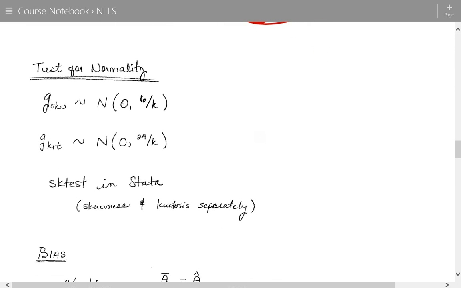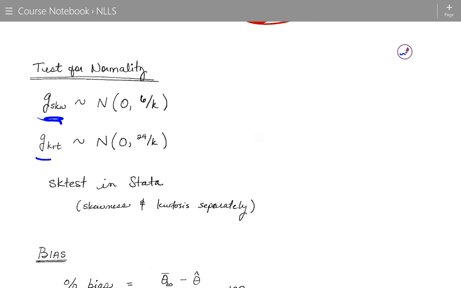It's quitting on me. Now, with these in hand, you can actually test for normality by testing whether the skewness is appropriate for the normal, which would be 0, and whether kurtosis is appropriate for the normal.